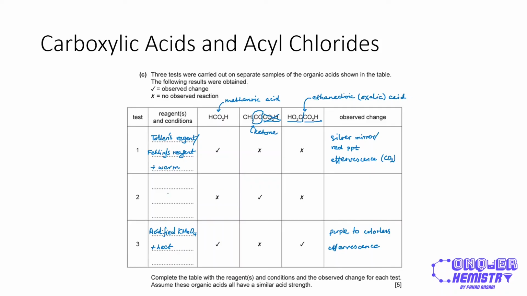It is going to react instead with 2,4-dinitrophenylhydrazine, also known as 2,4-DNPH. And this is going to give us an orange precipitate, right? So that's for these two carboxylic acids that can be further oxidized, but these are the exceptions rather than the rule.